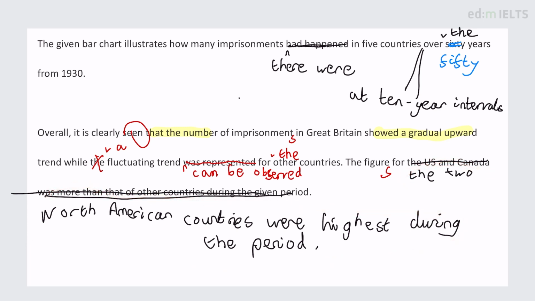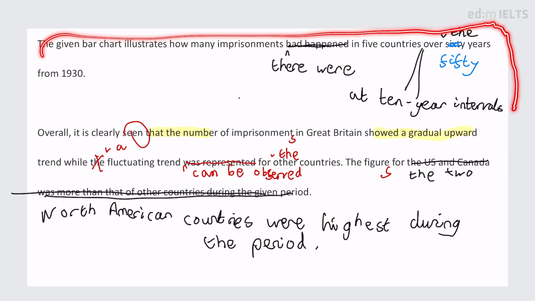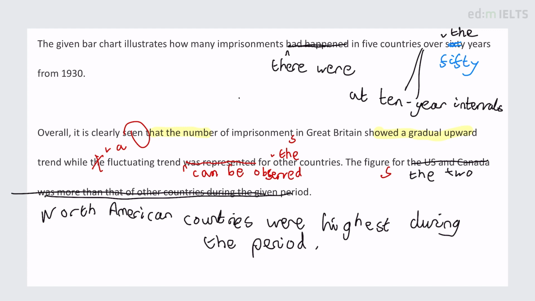But I haven't really said what the countries are, so I think I should add that to the introduction. So the given bar chart illustrates how many imprisonments there were in 5 countries at 10-year intervals over the 50 years, starting from 1930. I could just say the countries in question.